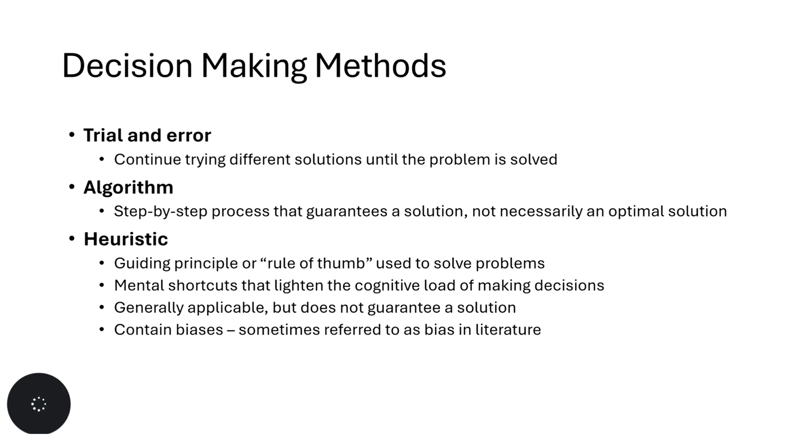They generally will work in this space, but they may not guarantee a solution in that given context. And lastly, they contain biases, which will sometimes be referred to as just decision-making bias, which is different than, and we'll go into some of them, but they're different than what we think of with traditional bias, such as prejudice or racism.